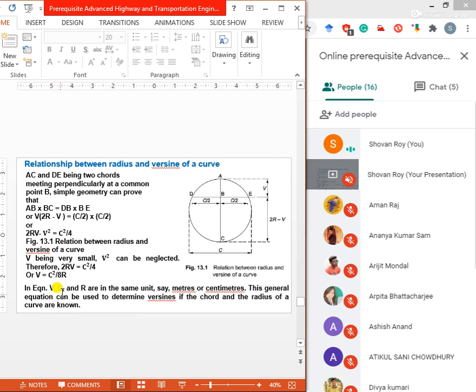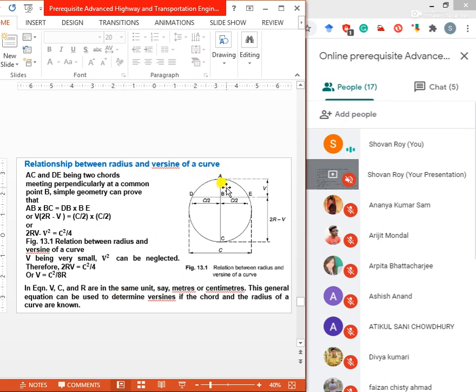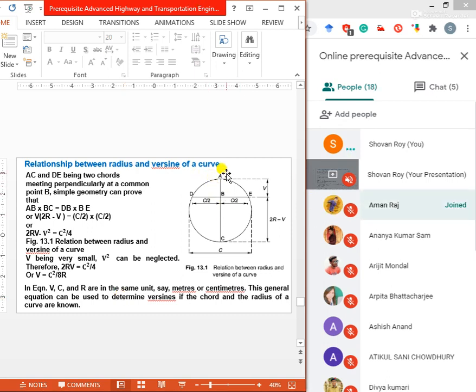In the equation, V, C and R are in the same unit, say meters or centimeters. This general equation can be used to determine versines if the chord and the radius of a curve are known. So if chord length and radius of the curve are known, then we can easily calculate the versine, the AB value, the extended length from the chord to the arc.